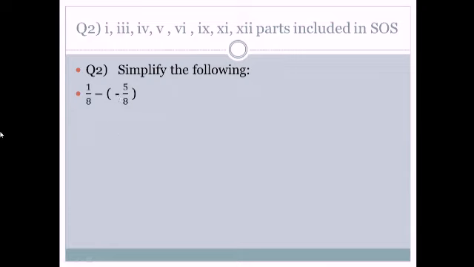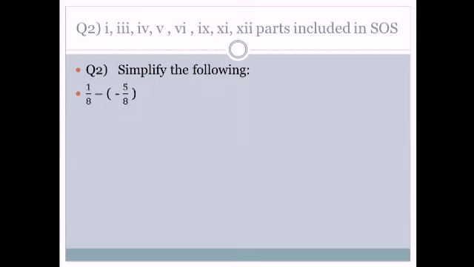So remember one thing, you have an algebraic rule. We already studied it in class 6, but again I am going to repeat it. If we multiply the same signs, we get plus. If we multiply different signs, we get minus. It means that if we multiply minus with minus, we get plus sign. And plus with plus, we get plus sign.